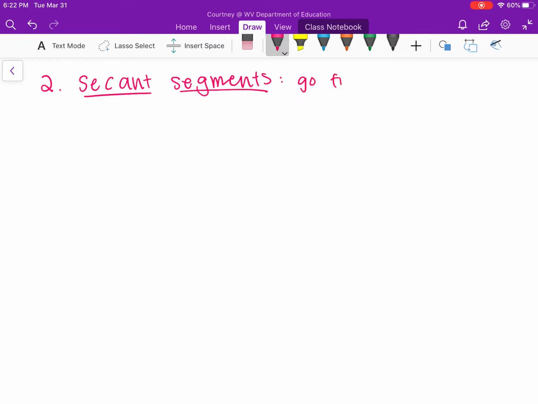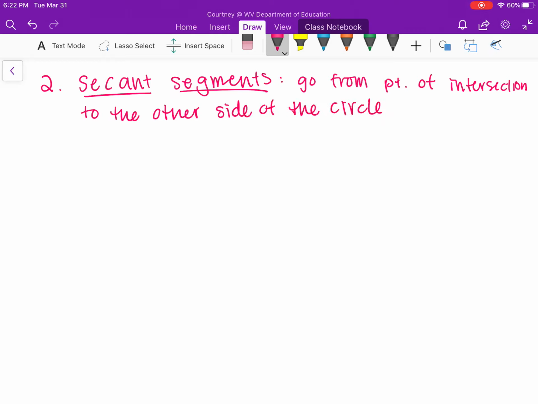Secant segments go from the point of intersection to the other side of the circle, and the outside part of the secant. I'll explain all this after we finish writing.